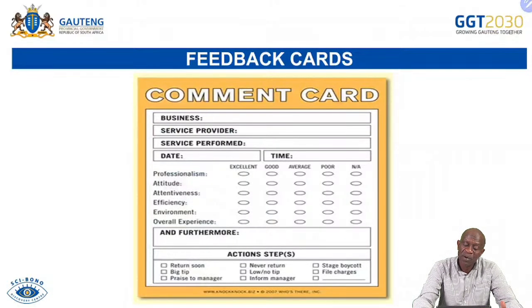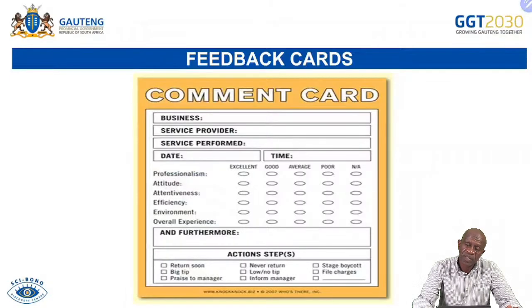This is an example of a feedback card or a comment card. As you can see, it requires information about the business or the service provider, as well as the service performed.